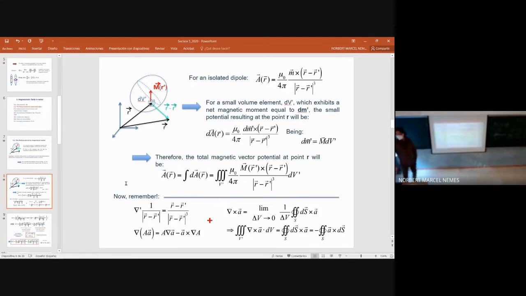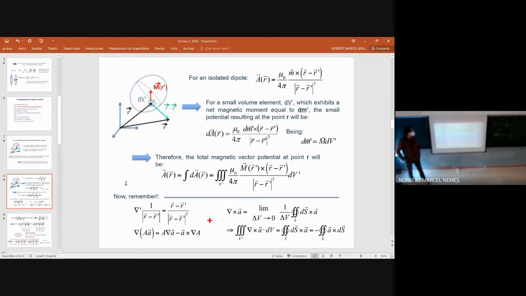For an isolated dipole, for just one of these cubes, we have seen what the vector potential is. Any dipole, a piece of current loop, would create this dm prime.